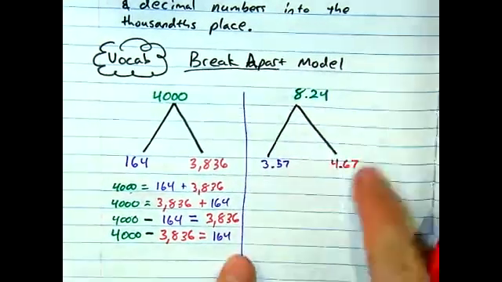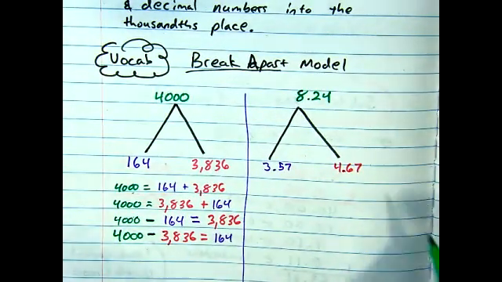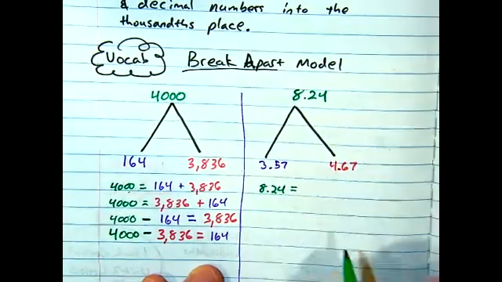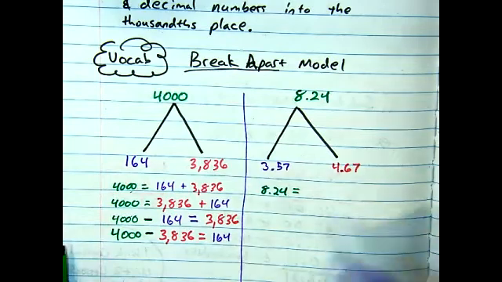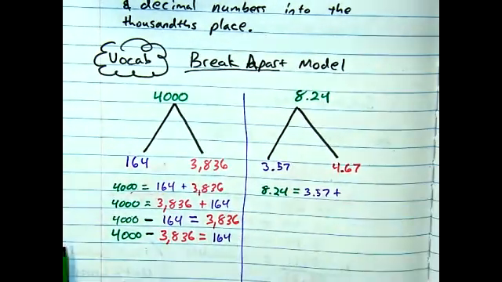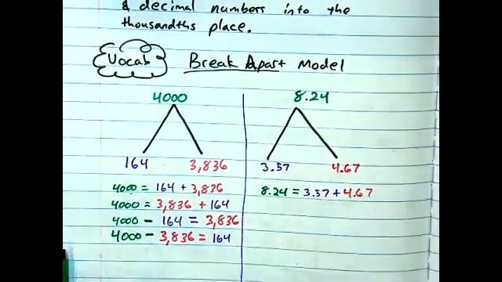So if these are a part of the same break apart model, let's start with the biggest number. 8.24 is equal to 3.57 plus 4.67.